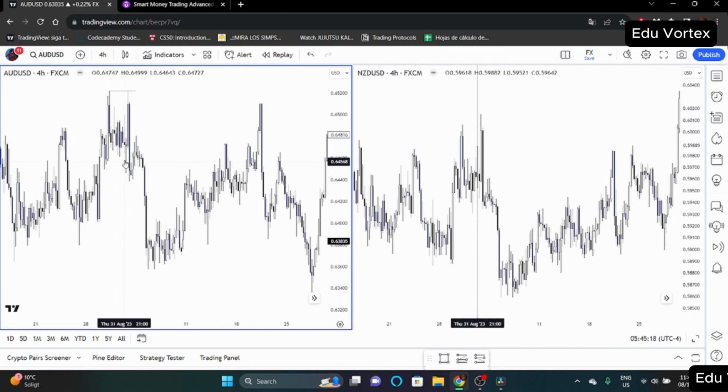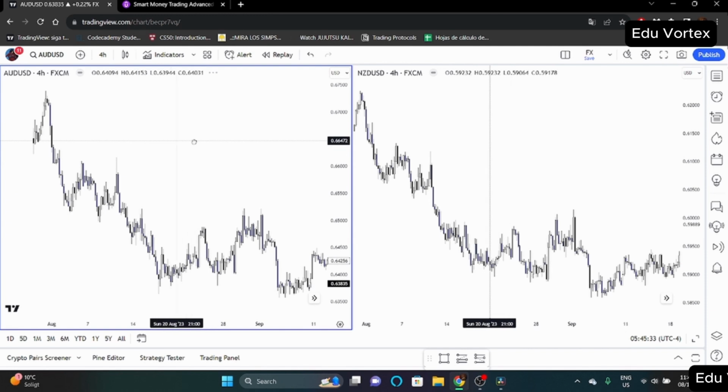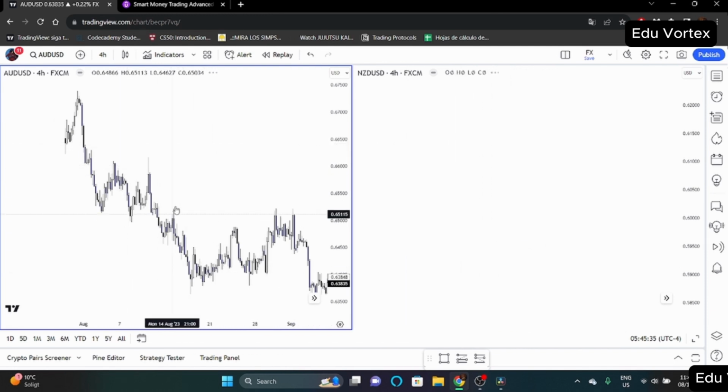We fall, we break the structure, we change delivery, we tap into an order block right here, and we go lower. Where? For the liquidity. We take the liquidity, we go higher. AUD was, at this point, the sick pair.